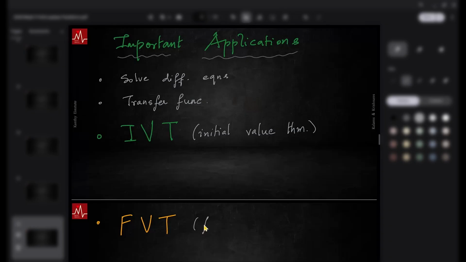This is the final value theorem. I'm sure some of you, at least one of you, know something about this. What are we talking about? You have a y of t function. That's its Laplace transform. So given this, you know the Laplace transform.